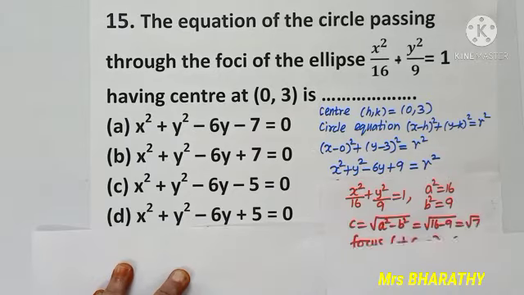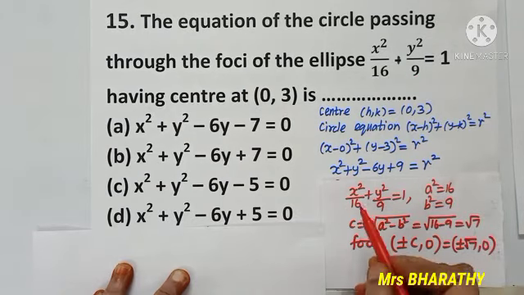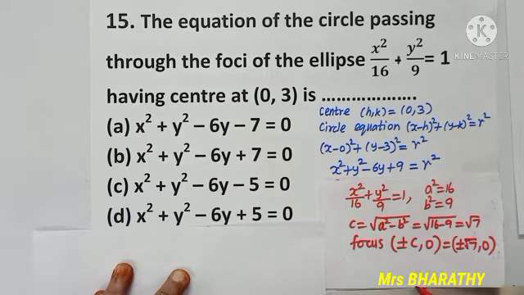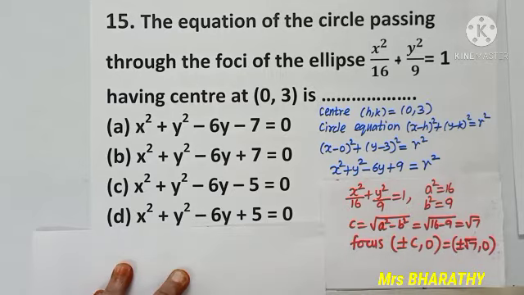Consider the ellipse equation as x square by 16 plus y square by 9 equals 1. The bigger number we take a square and the smaller we take b square. Find out something called C, which is root of a square minus b square. 16 minus 9 gives rise to root of 7. We recall the formula for focus, which is plus or minus C, 0, because this is standard equation of ellipse.